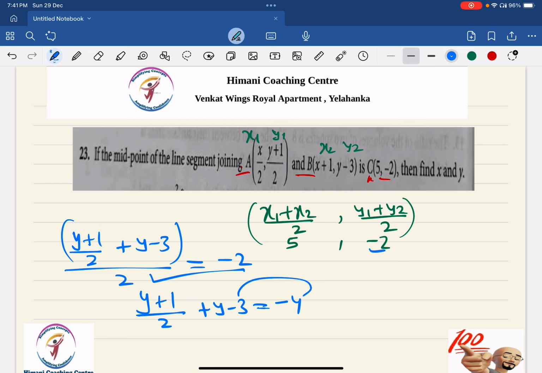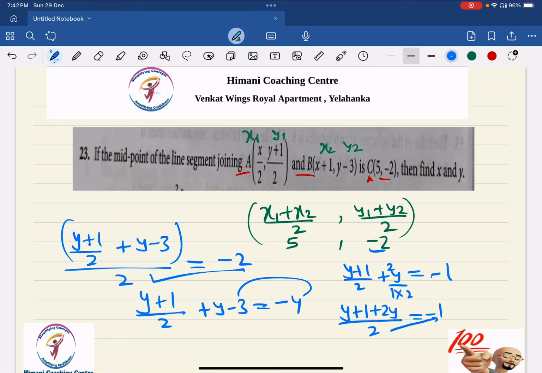We can take this -3 to this side. So (y + 1)/2 + y = -4 + 3, which would be -1. You have to be very, very careful about the signs. Then let's do the LCM, into 2 here and into 2 here. So we get (y + 1 + 2y)/2 = -1.